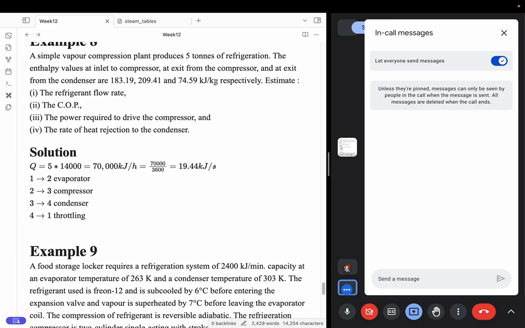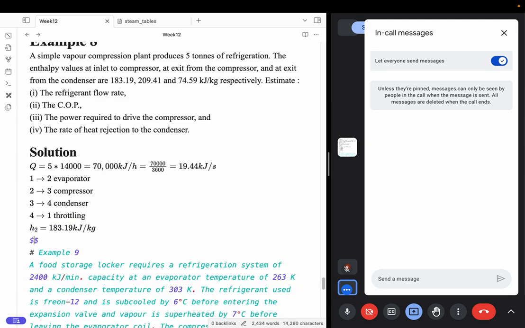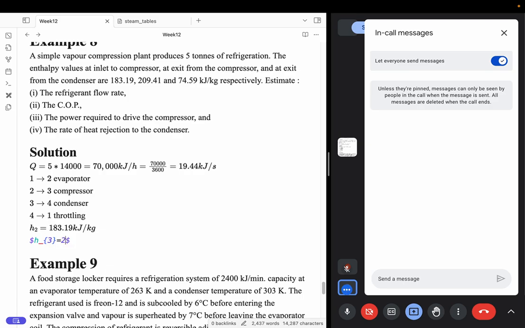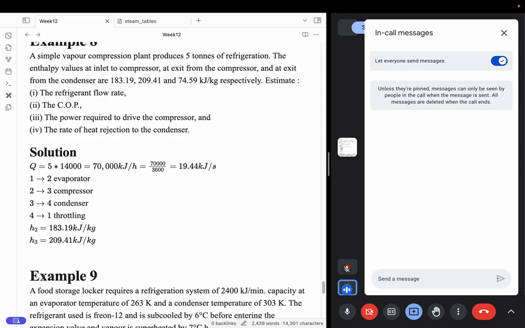So what is given to us? The enthalpy values at the inlet to the compressor. The compressor inlet is 2. So state 2 is given as H2 equal to 183.19, and the enthalpy at the exit of the compressor, H3, is also given as 209.41 kilojoule per kg. H2 and H3 are given.